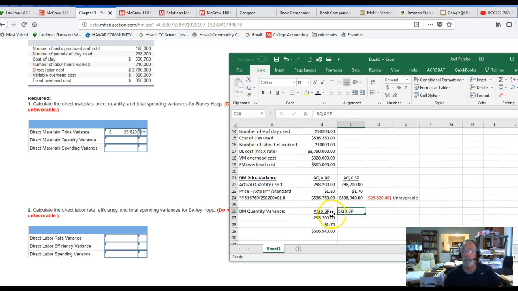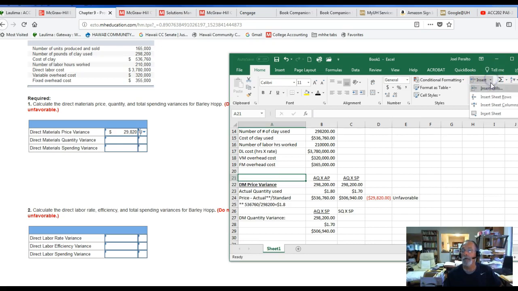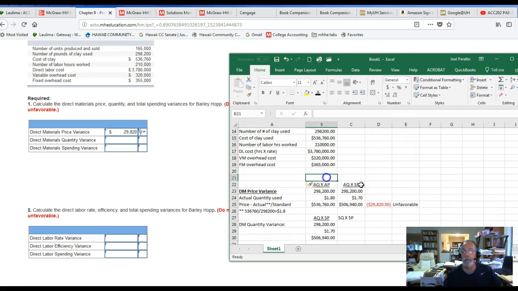Yeah. So the calculations on the left show us actual. Maybe we ought to make that a little clearer. So we have actual versus standard or budget.